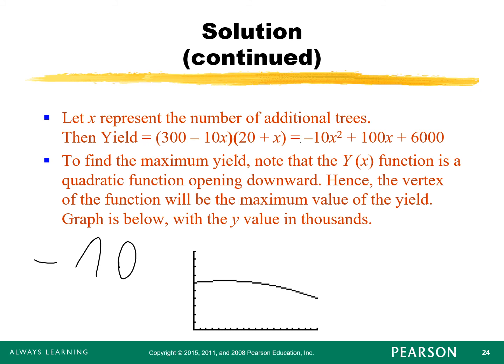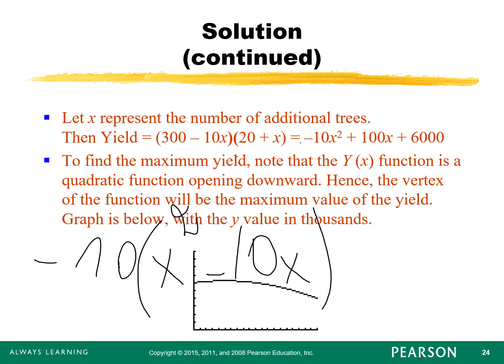We have minus 10 multiplied by x power 2 minus 10x, and we will close our parentheses, plus 6,000. And here, what should we do next? We said that we will add a number here.